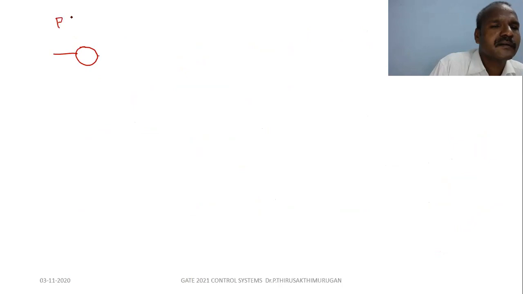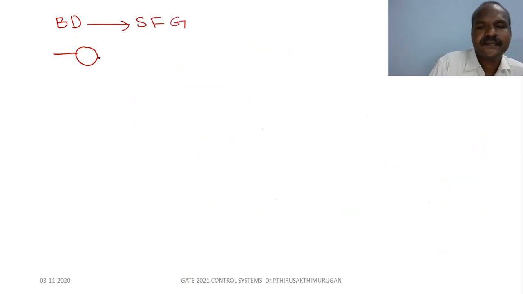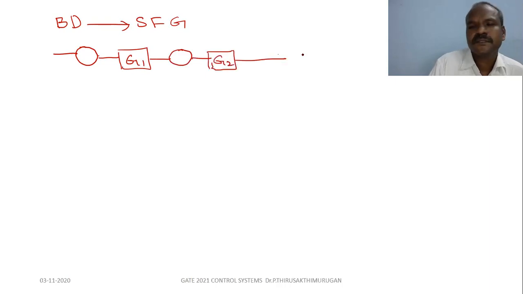For example, I represent a simple block diagram to convert it to a signal flow graph. The diagram has G1, another summing point, G2, output C and input R, with plus and minus signs.